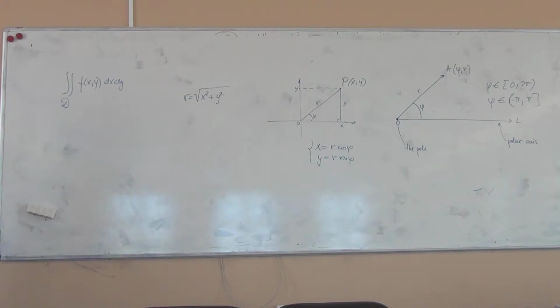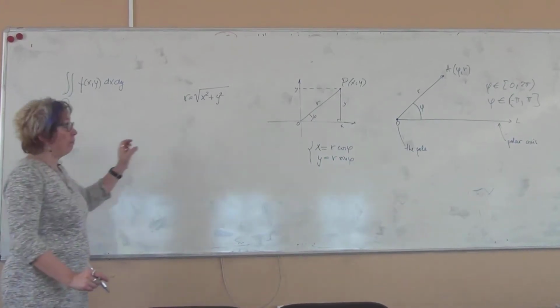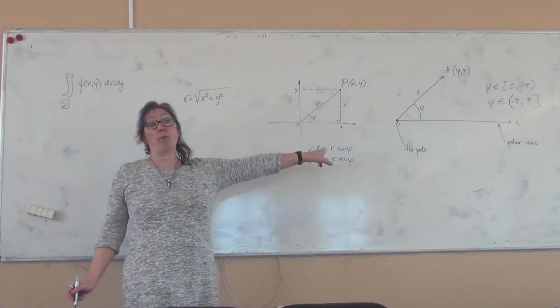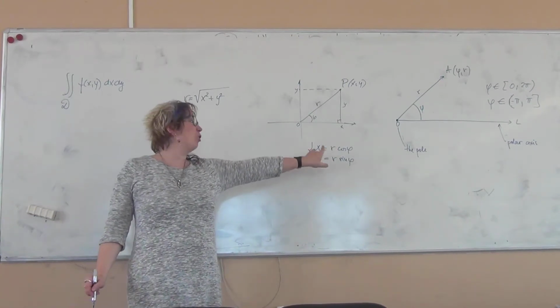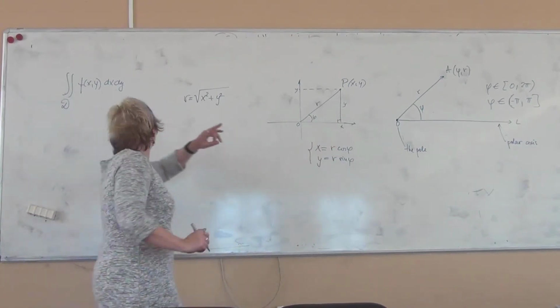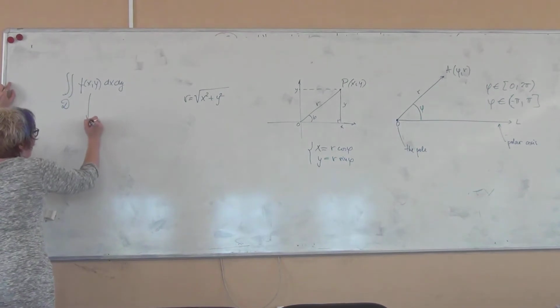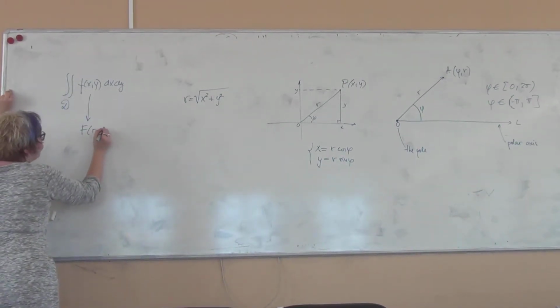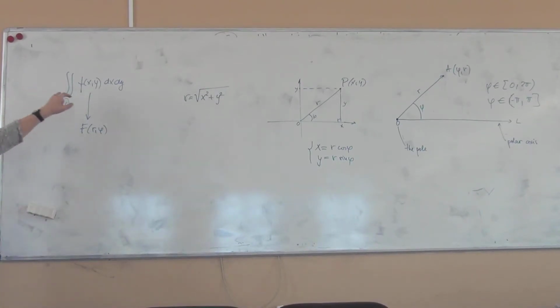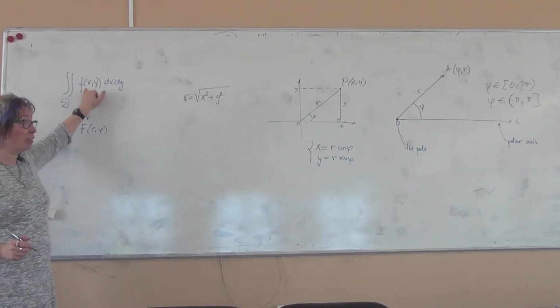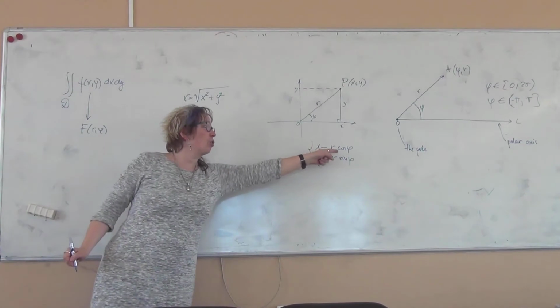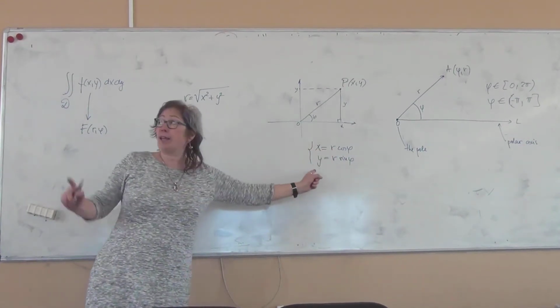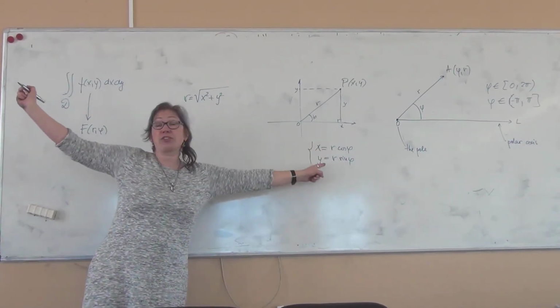What we do is, of course, we perform this transformation, and of course we get a different function. So this function becomes some other expression in terms of r and phi. Instead of x in this function, we write r cosine phi. Instead of y in that function, we write r sine phi.